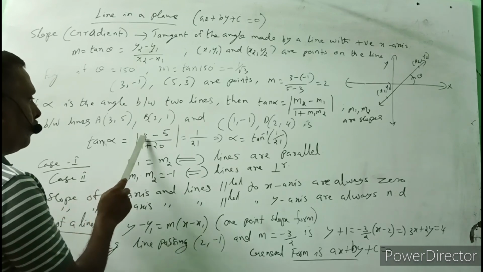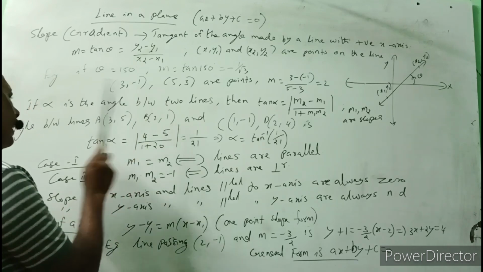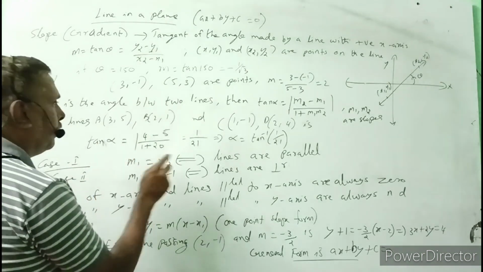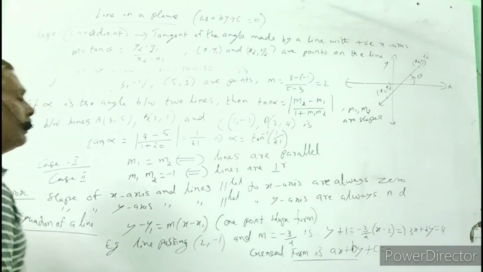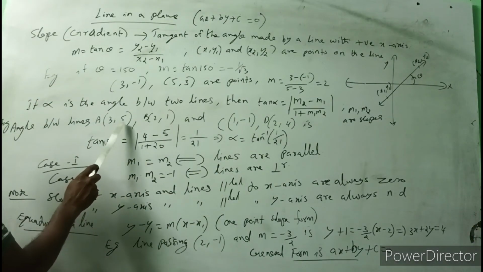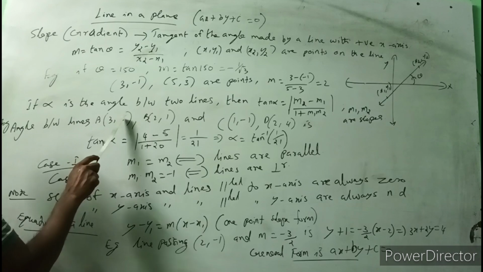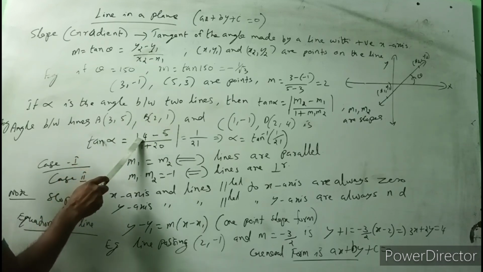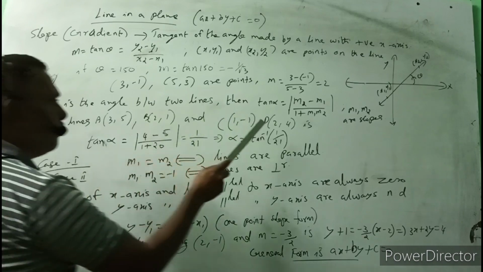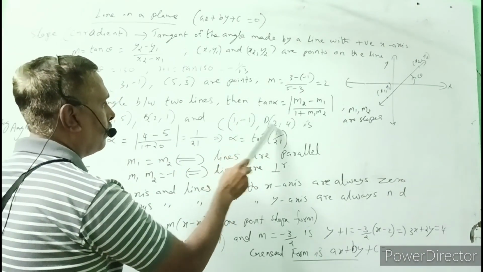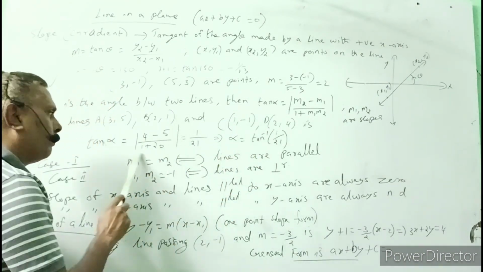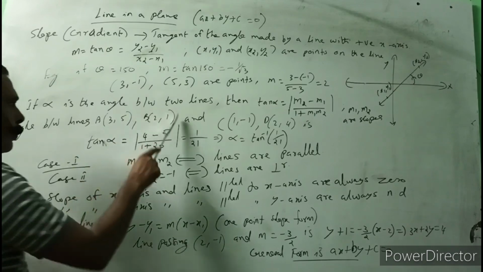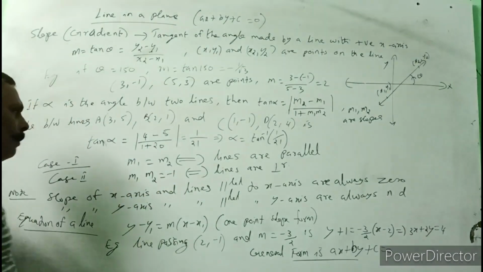Here any one of these you can take as m1 and m2. I took m2 as the slope of this line: 1 minus 5 upon 2 minus 3, that is 4, that is m2, minus m1, 4 plus 1 upon 1, that is 5, 4 minus 5 upon 1 plus 20. This modulus is written, that is why 1 by 21.